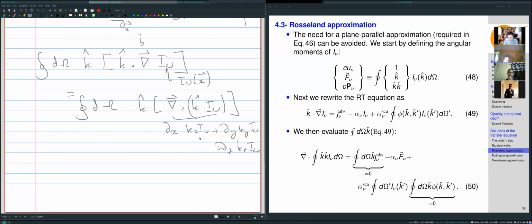It doesn't, because kx is sine theta and cos phi, and it doesn't depend on the position where we are evaluating the specific intensity field. So we have this position vector x, and at position vector x.